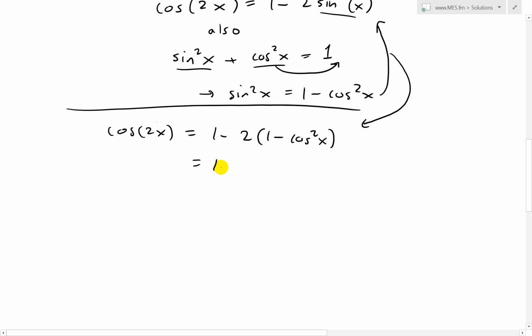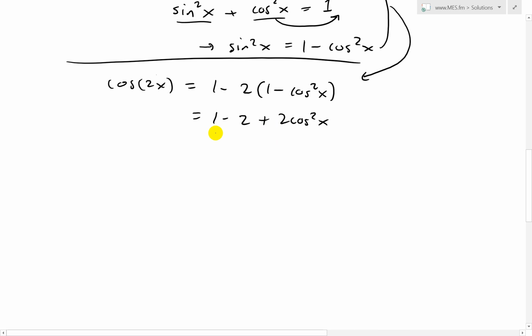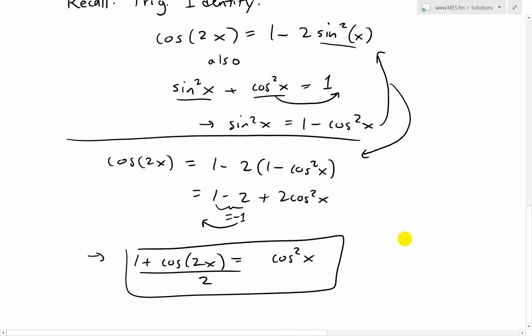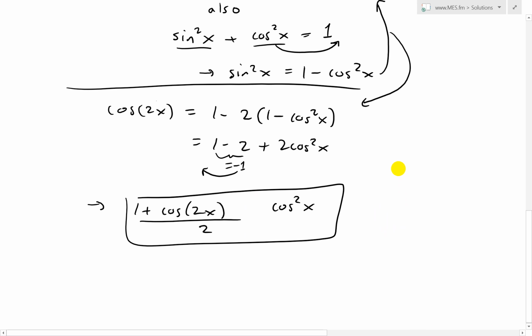Simplify this: it equals 1 minus 2 plus 2 cosine squared x. So this is negative 1, but we move this over to the other side, so that what we end up getting is 1 plus cosine 2x equals 2 cosine squared of x, or just divide by 2, and we get this. So that's another trig identity. I just wanted to go over that one there.